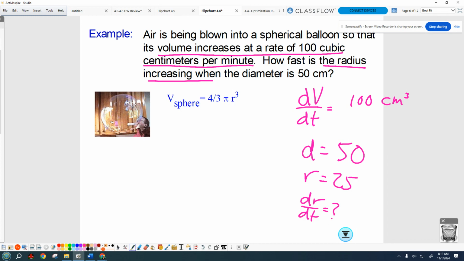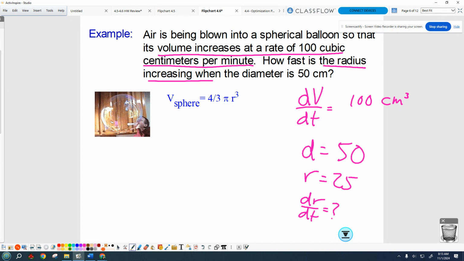So there's all the things we were told. They gave us diameter. Well, I know how to divide by 2. So Adrian, with all of that, how would you proceed? Plug that into the volume. What do I plug into the volume equation?